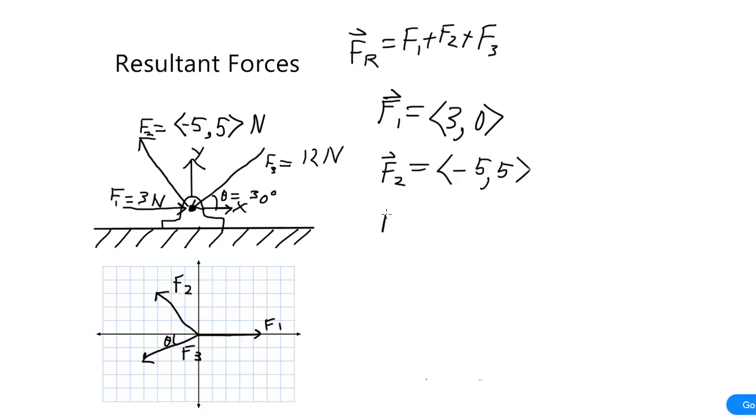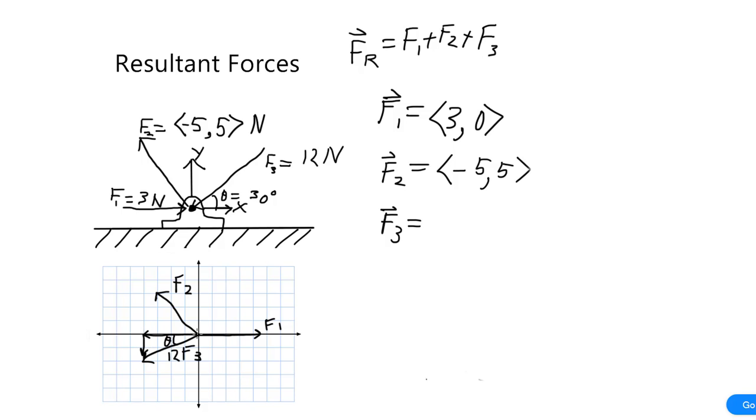Now on to F3. With F3, the magnitude is 12. So really, this side, the hypotenuse, is going to be 12 in the end. We just need to break this guy up into components, like so.